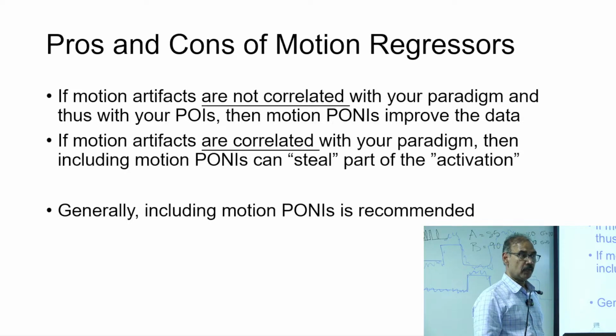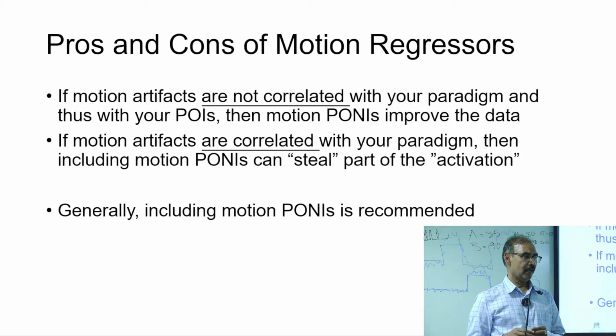However, as I was mentioning yesterday, if you gave the task and the task condition was such that the head motion happened because of the task, then you are in trouble, right? Because then separating the head motion from your activation is not going to be easy.